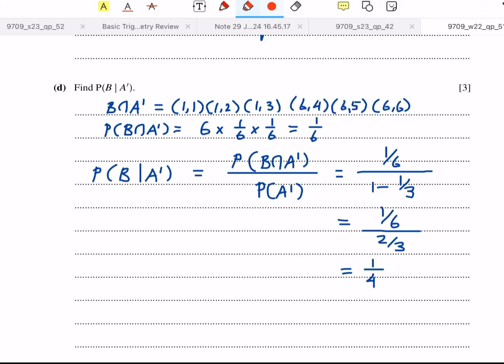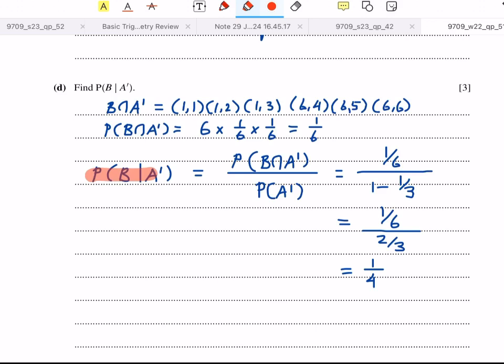They are 1,1, 1,2, 1,3, 6,4, 6,5, and 6,6. The probability of each outcome here is 1/6 times 1/6, and because there are 6 outcomes for B intersection A complement, probability B intersection A complement is 1/6.